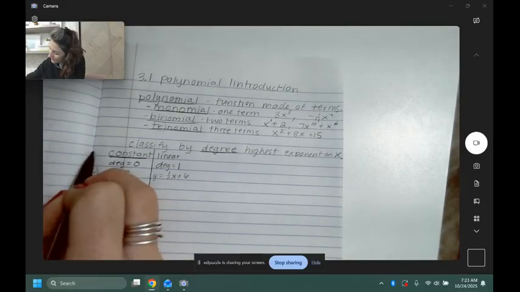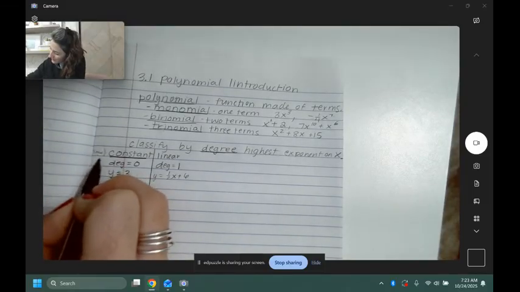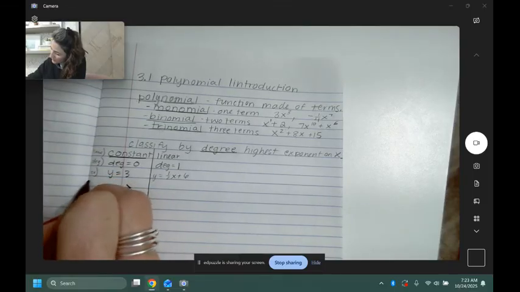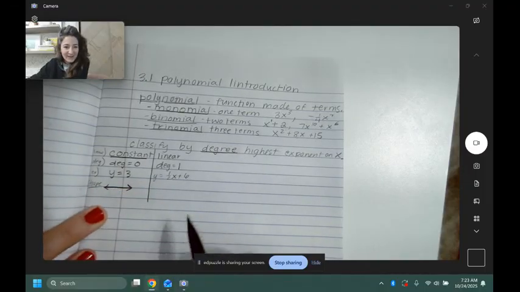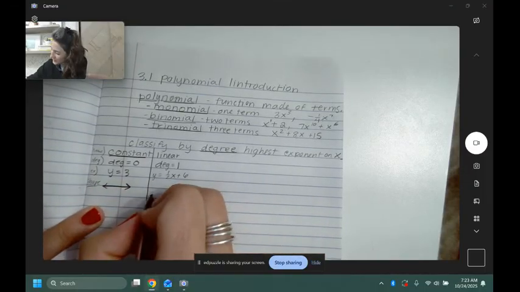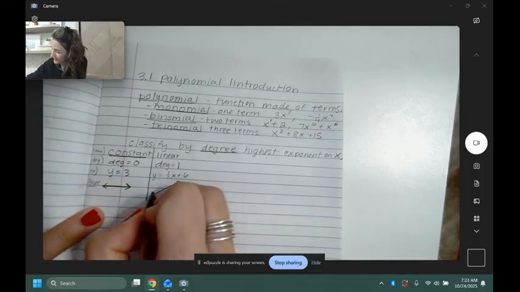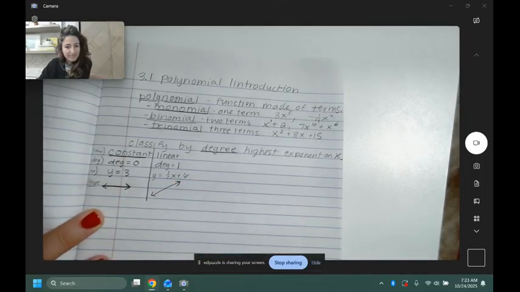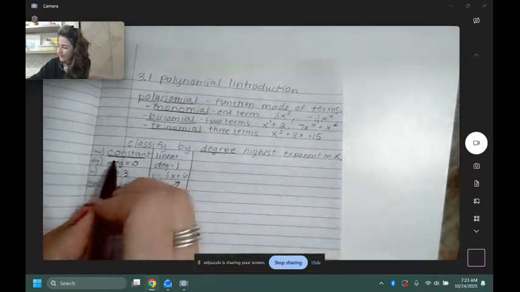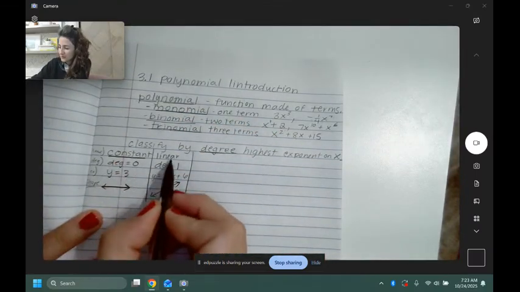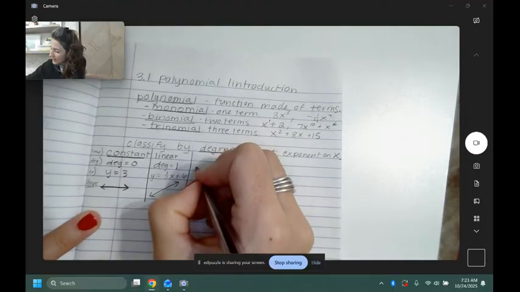Example, name, degree, shape. A linear function is going to have a little bit of a slant. Might look like this. Constant, degree is 0. Linear, degree is 1.